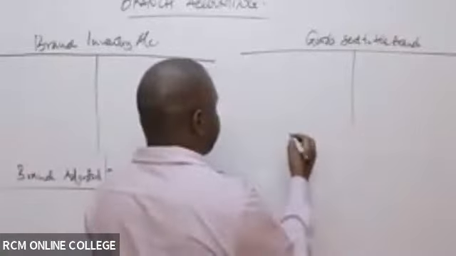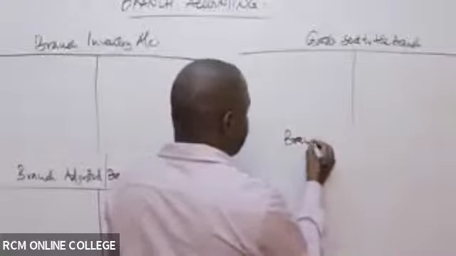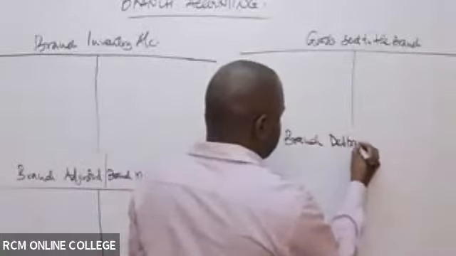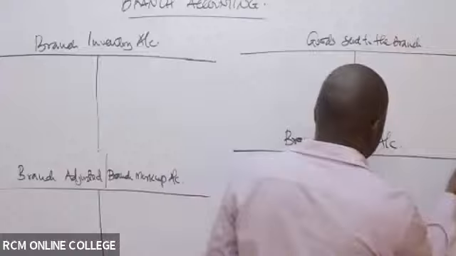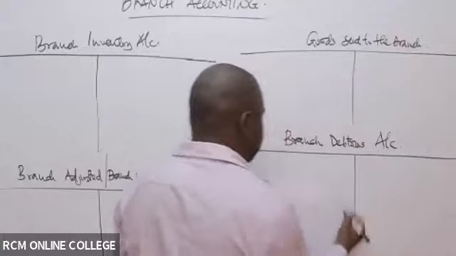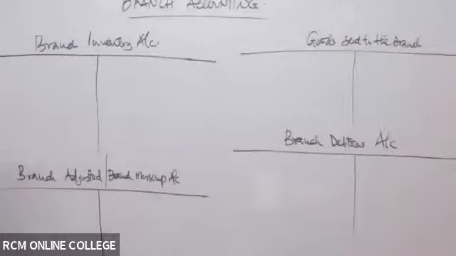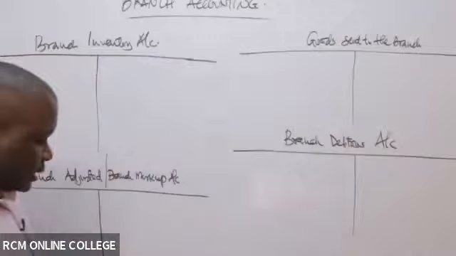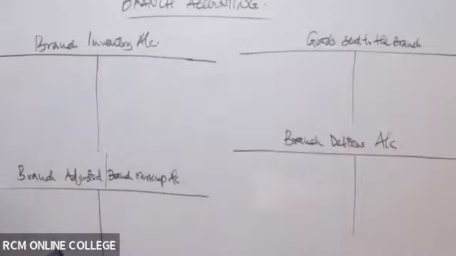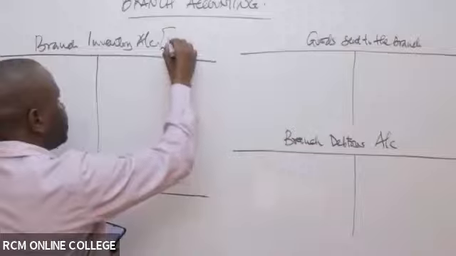They have also called upon us to prepare the branch debtors account. So you have the branch inventory account, the branch markup account, the goods sent to the branch, and then the branch debtors account. So this branch inventory account, we prepare it at the invoice price.